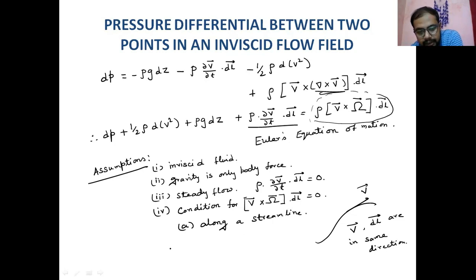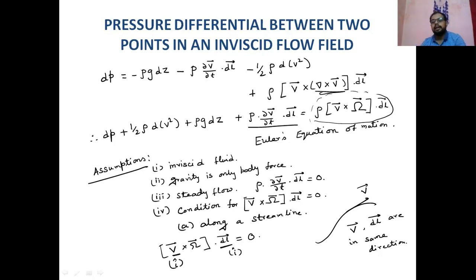So along a streamline, v cross curl of v dot dl will become 0. How? Because v and dl are in the same direction. For example, let v be along the i axis, and dl is also the same, along i.